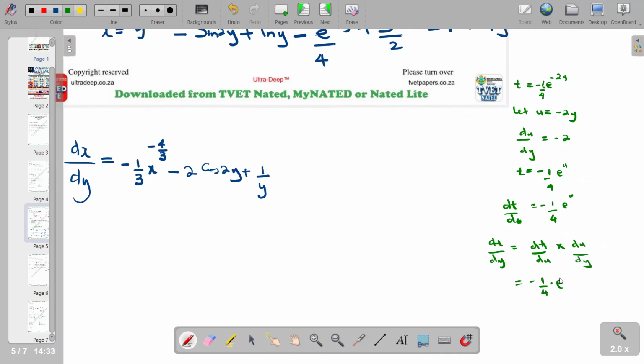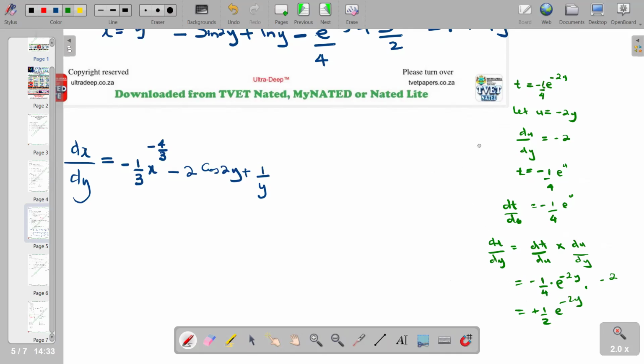The u is a negative 2y multiplied by du/dy, which is a negative 2. So eventually we end up having a negative and a negative positive 2 over 4, which is positive 1 over 2 e to the power a negative 2y.